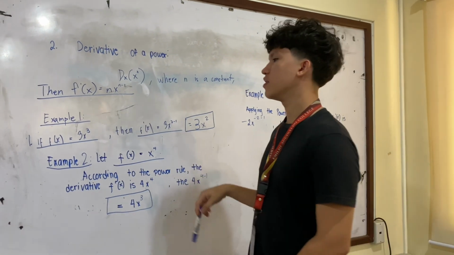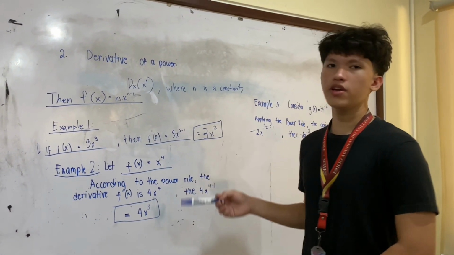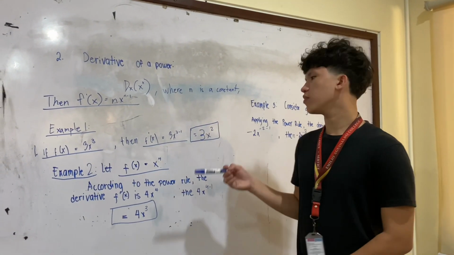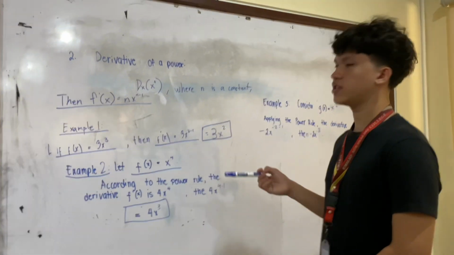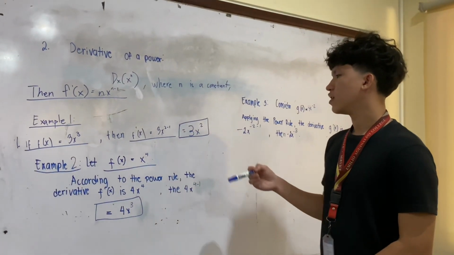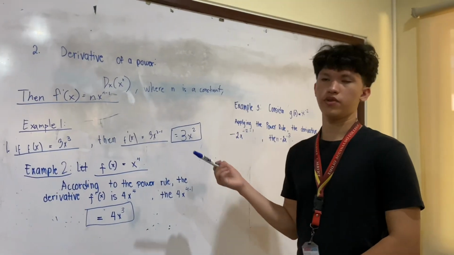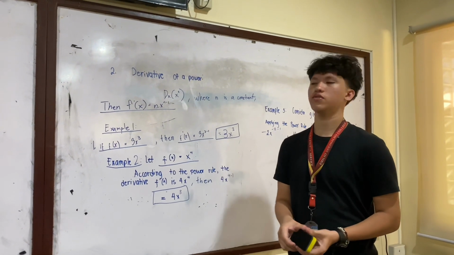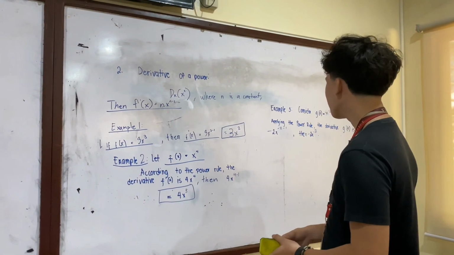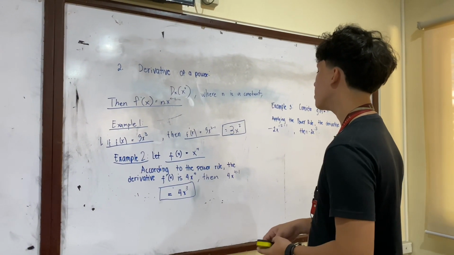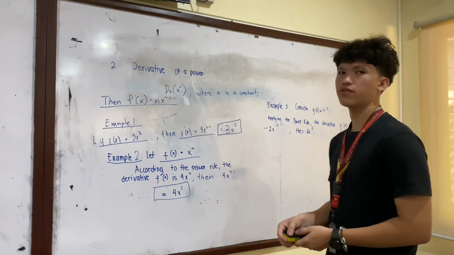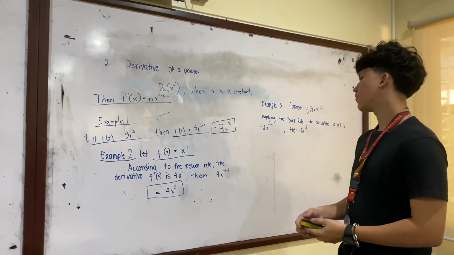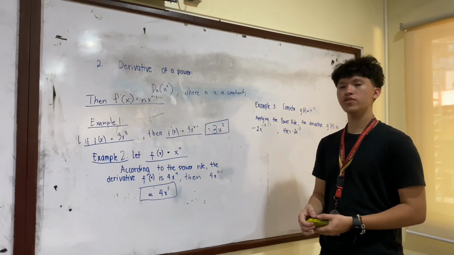For the first example, if f of x is equal to 3x cubed, then f prime x is equal to 3x raised to 3 minus 1. The answer is 3x squared. Example number 2. Let f of x be equal to x raised to 4. According to the power rule, f prime x is 4x raised to 4 minus 1.